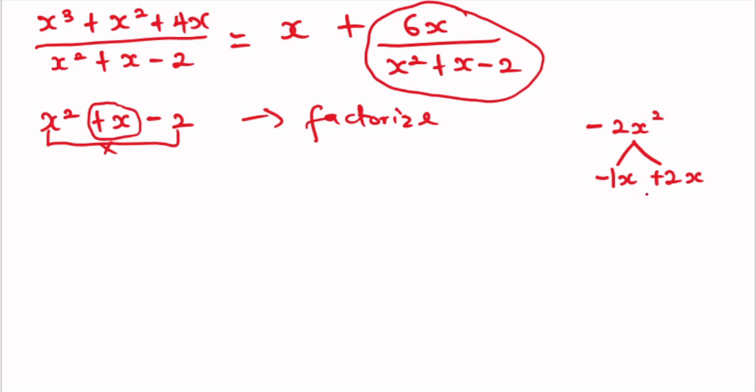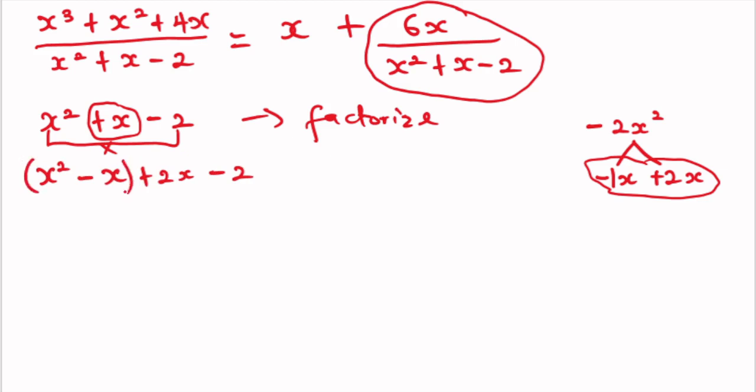But when we simplify by adding, minus 1x plus 2x will give us plus x. So this factor is actually correct. We can use it to replace plus x. So this becomes x squared minus x plus 2x minus 2. When we put this in brackets to bring out what is common, in x squared minus x, what is common is x.